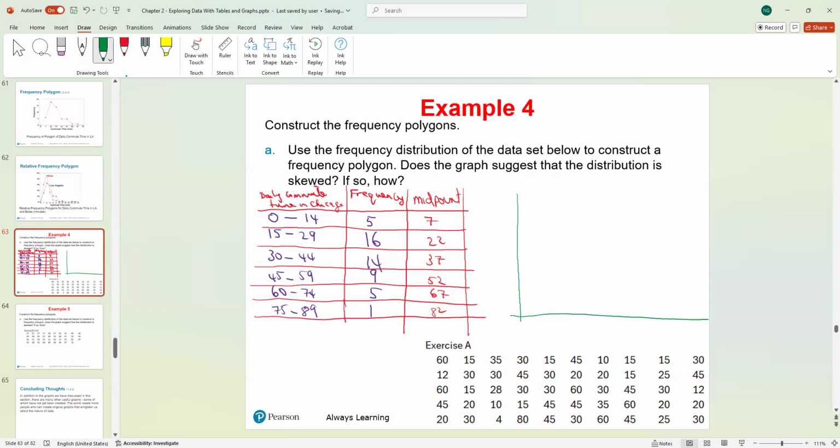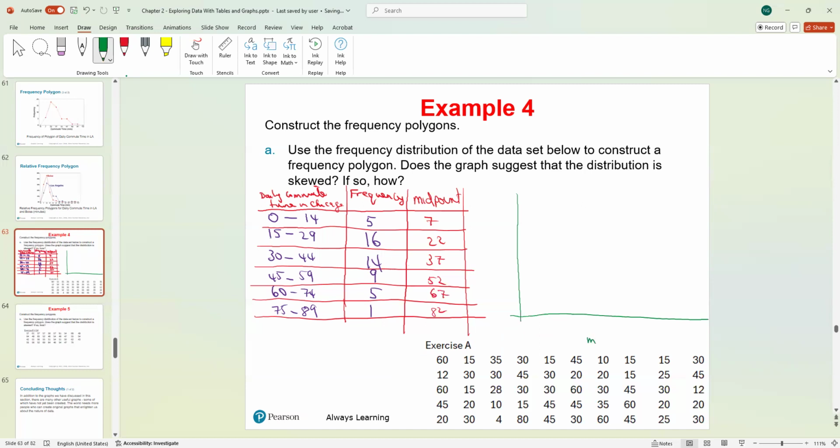For us, it's fine now to do the class boundaries or the class intervals. Remember, in the first video, I showed you how to find all of this. So what you need to do is make sure that you put the midpoints.